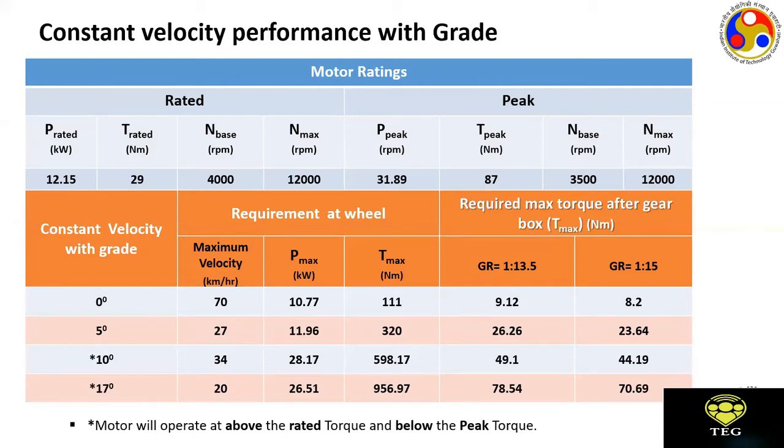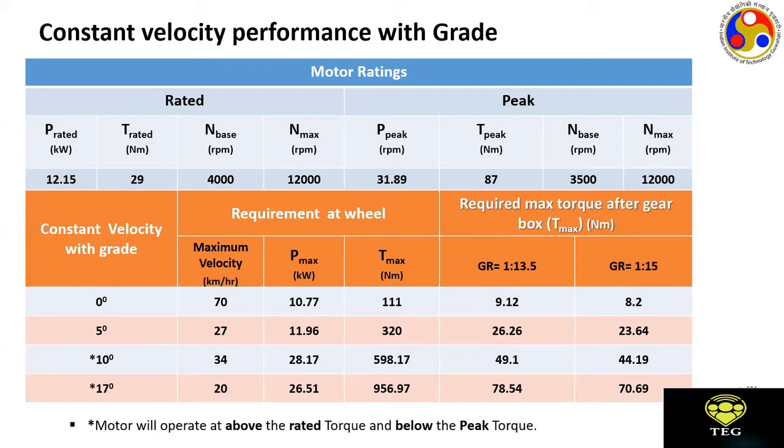So it's good that you use components which are proven and which have been in use for a certain amount of time, so the reliability of the components is known to us. That's an idea in any kind of product design: you try to use as many components as possible which are known, which have been in production for some time, and which have high reliability. So based on those assumptions, we took these two gear ratios, 1:13.5 and 1:15.